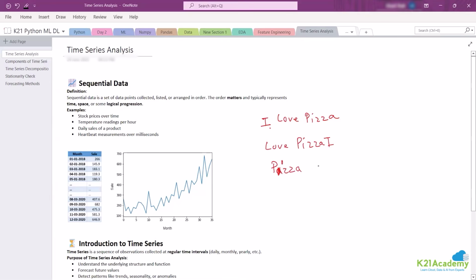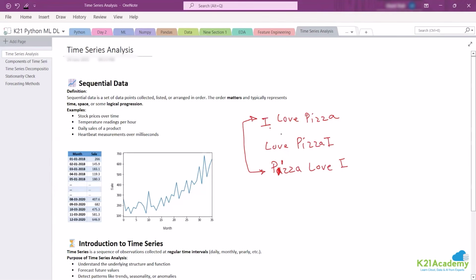pizza love I. Here, if you see, all those three lines have the same words, I, love, and pizza.